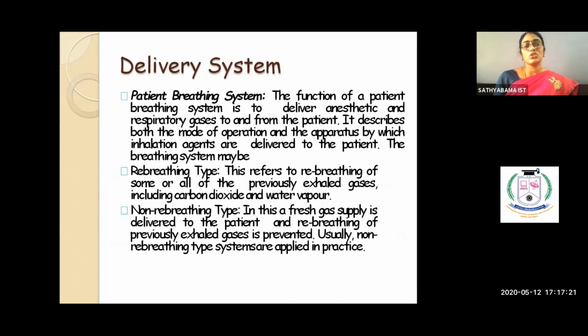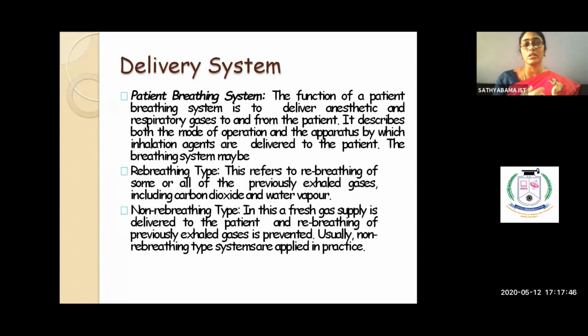Next is your patient delivery system. Our gases come from the cylinder room and get into the gas proportioning system. It's already mixed now, and my vapor delivery has also happened. I'm going to mix the vapor of the anesthetic agent into the gases. Till that portion is done, this is happening inside the machine.